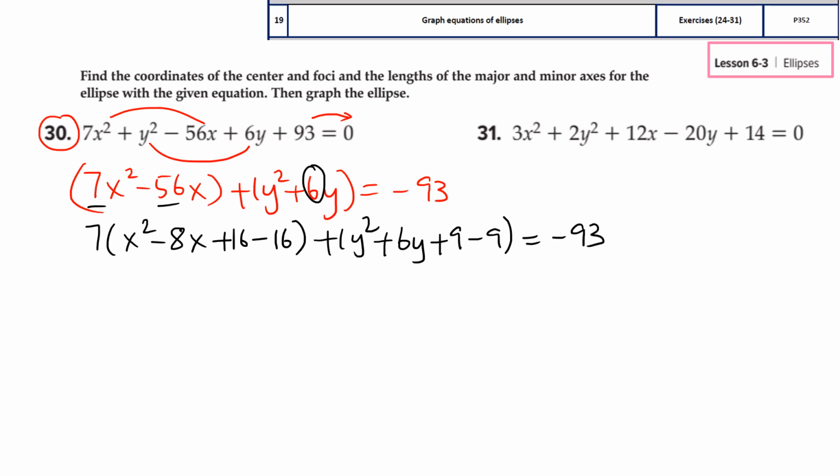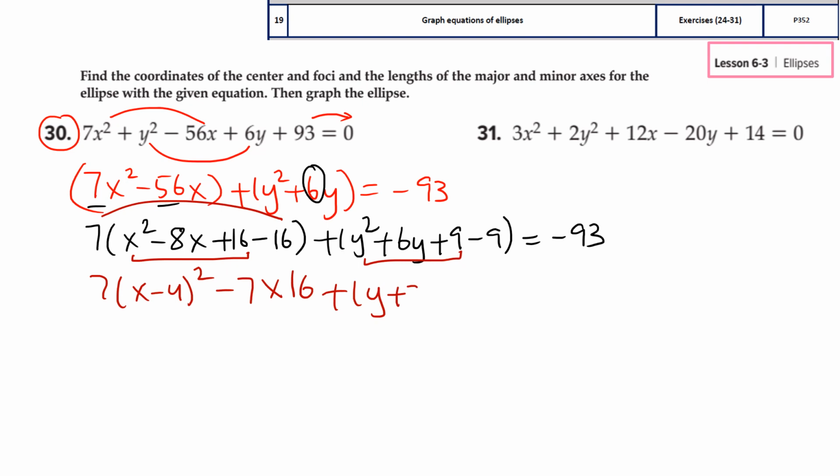Okay, now I combine the like terms. This one and this one will give you the square. So this is x minus 4 whole square. And you also have 7 multiplied with 16, not to forget this term. Similarly here you have y plus 3 whole square minus 9. So now I move the numbers on the other side. So this minus 9 and this term will go on the other side.